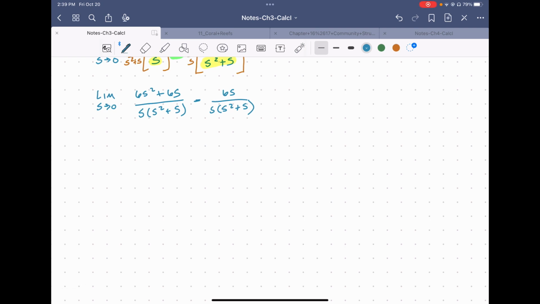Now, as you can see, both of the denominators should be exactly the same, and they are. And then I'm going to go to the next step, rewrite this. I'm going to combine them together so we can see what terms we have.